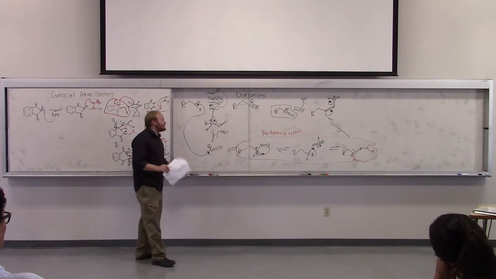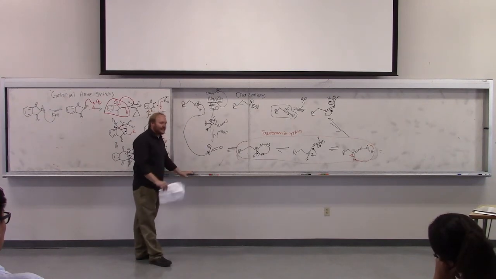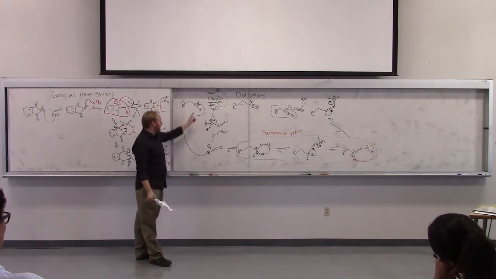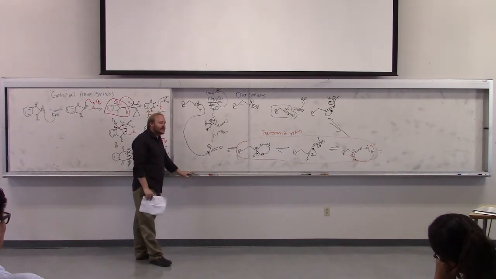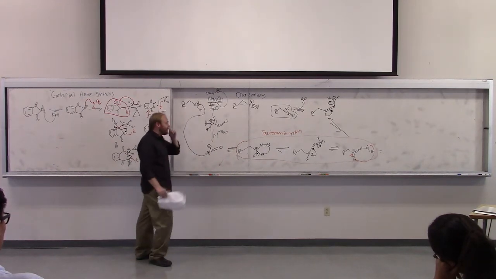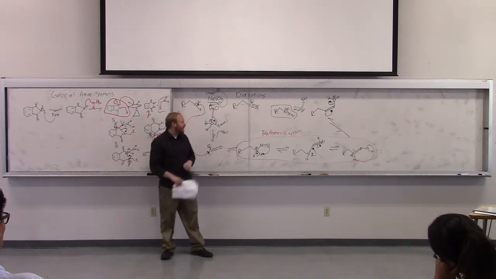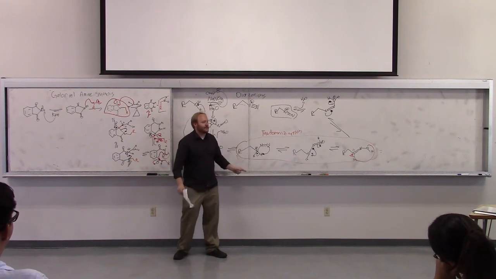So the mechanism itself is not too crazy. It's basically just an attack of an NO+ followed by a double tautomerization. Or another way to think of it, instead of using the T word tautomerization, you could just say proton transfer, proton transfer, proton transfer.